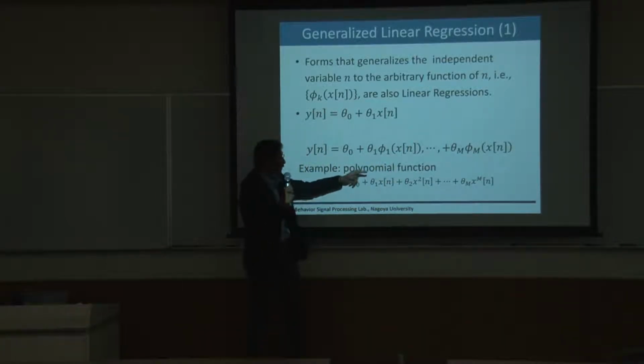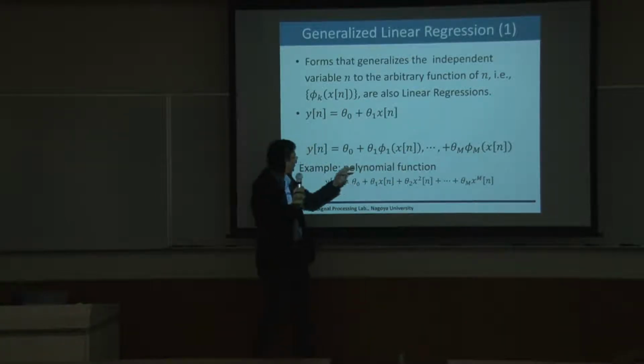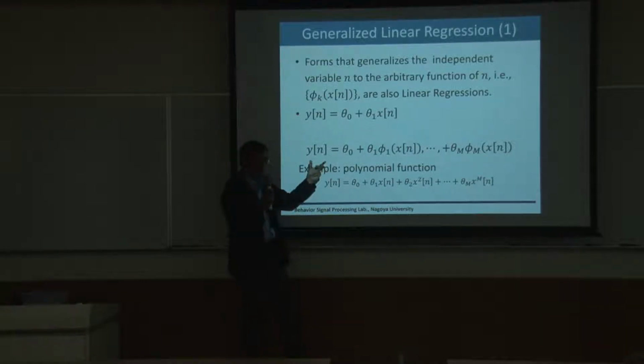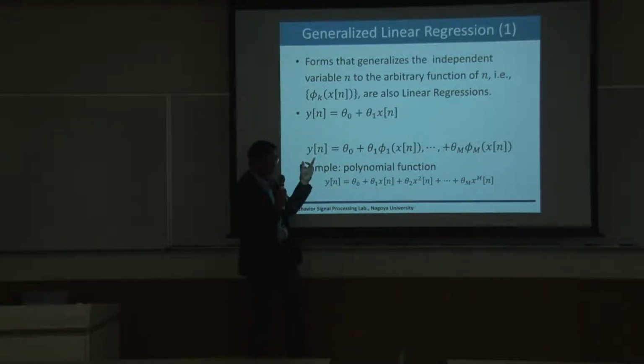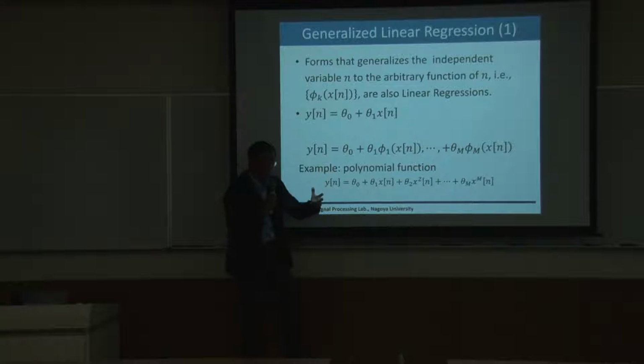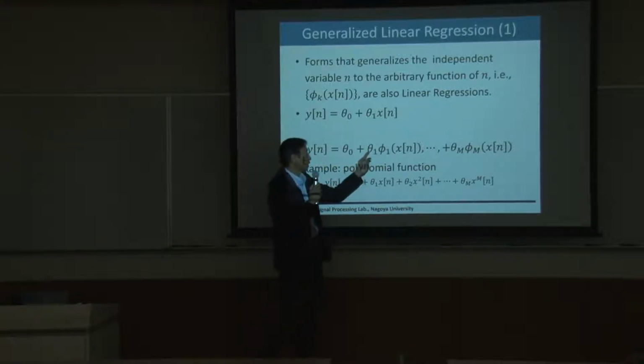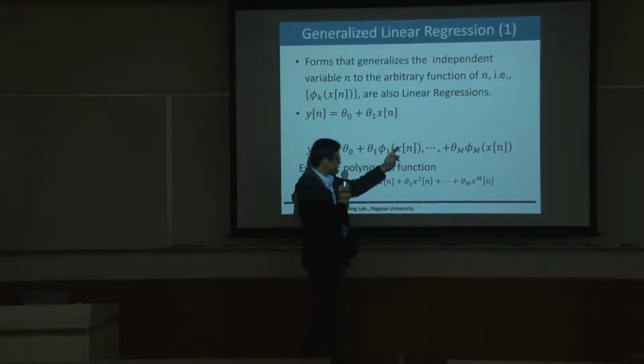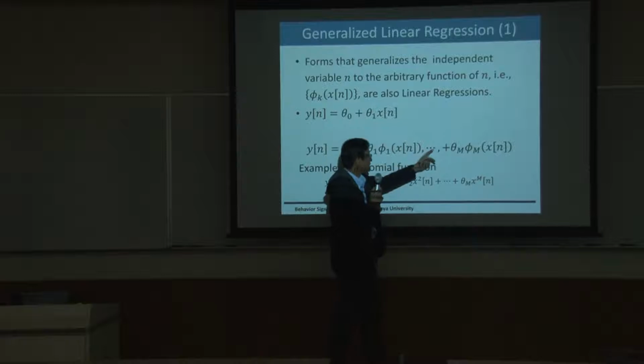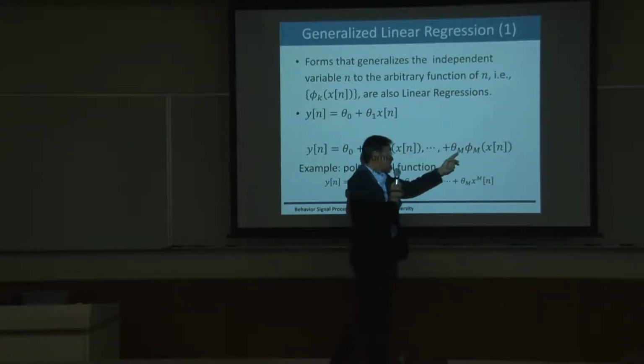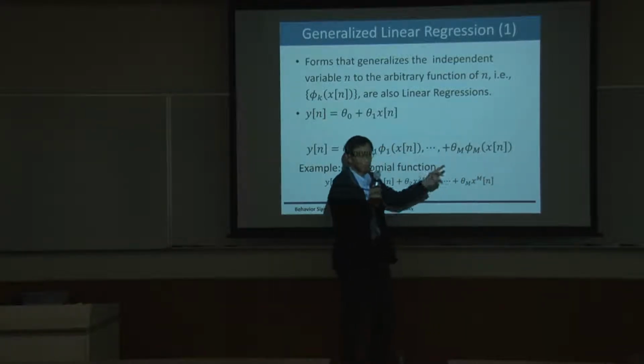So you can observe xn and you can observe yn, but you don't know how they are related. And you can suppose a very complex function like yn equals 3 plus 3 times sine xn times log xn or something like that.